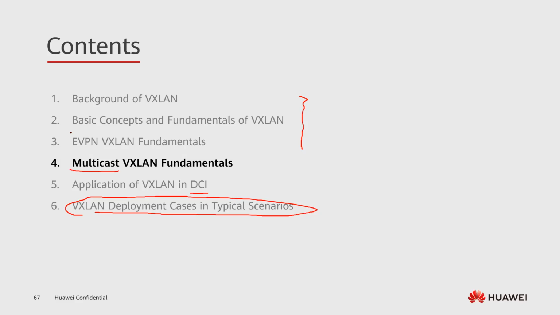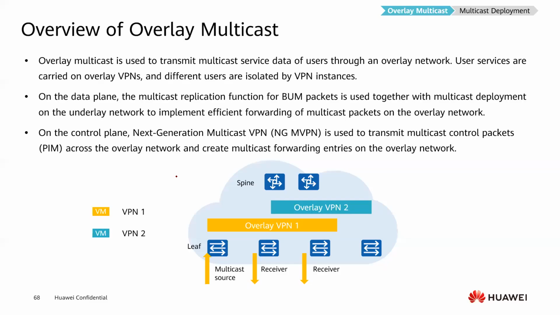Now we need to introduce another new fundamental, another big feature about VXLAN. It is the multicast VXLAN fundamentals. First, we need to get clear on why we use overlay multicast.